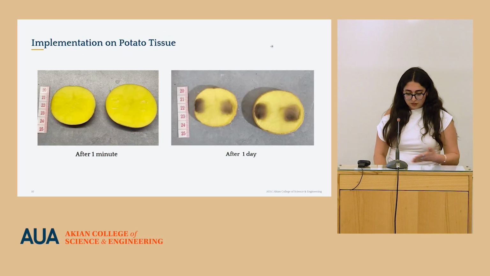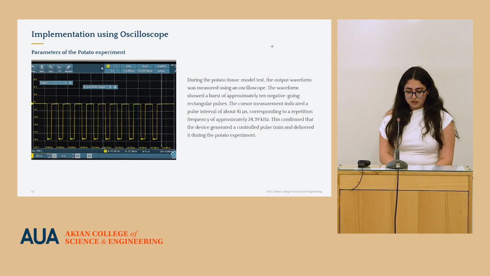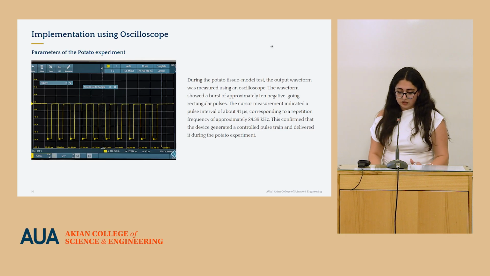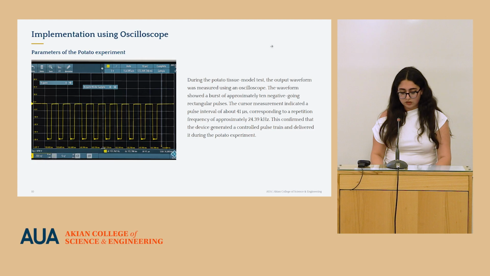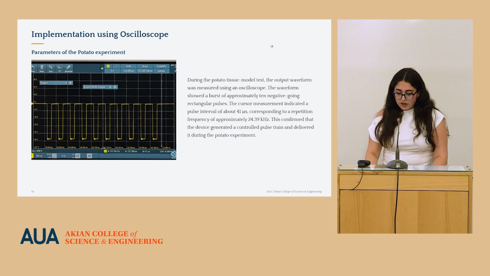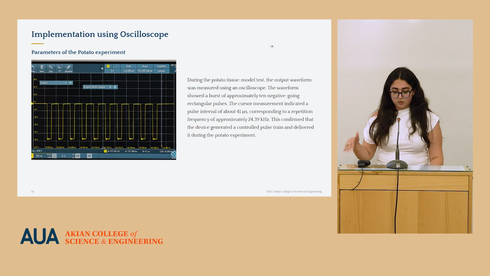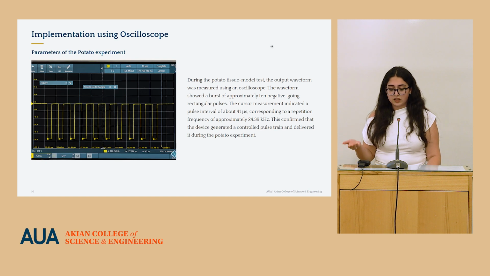The same parameters that we used for the potato, we also measured with an oscilloscope. When we measured it, we used almost 1,000 volts, and the waveform showed rectangular pulses.